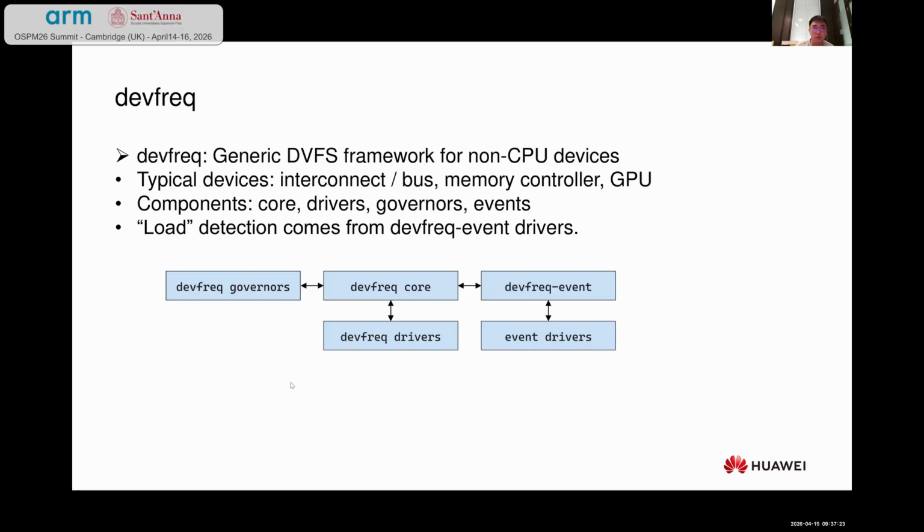This is quite generic actually, because apart from CPU, there is a bunch of different types of devices, but nowadays the major supported device drivers are these three types, which are interconnects or buses, some memory controllers, and finally a bunch of GPU drivers. This is at least what we can see from the mainline kernel at the moment.